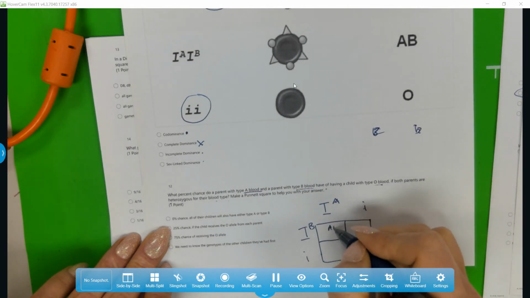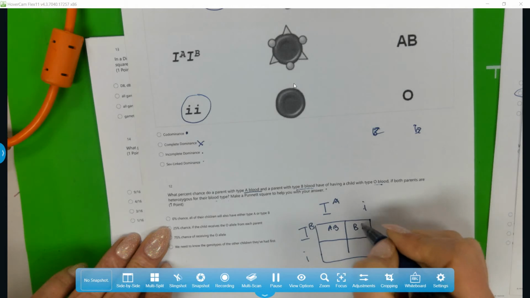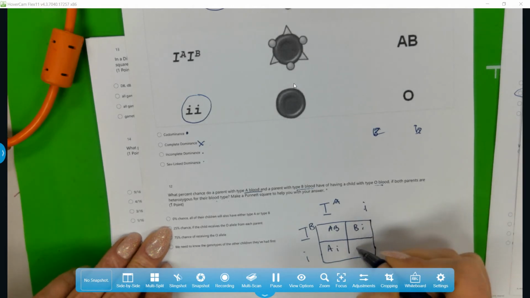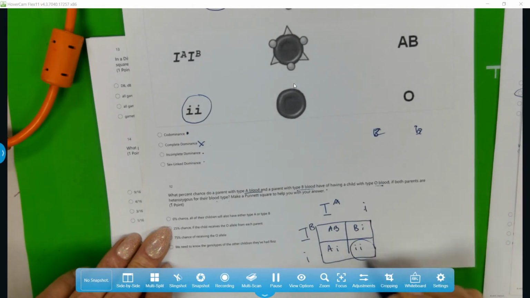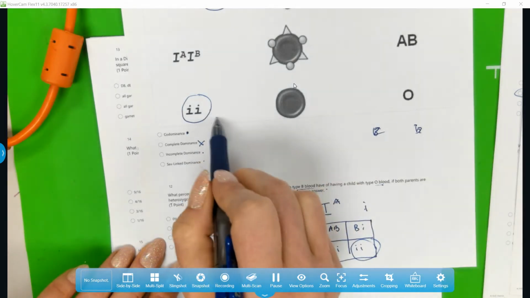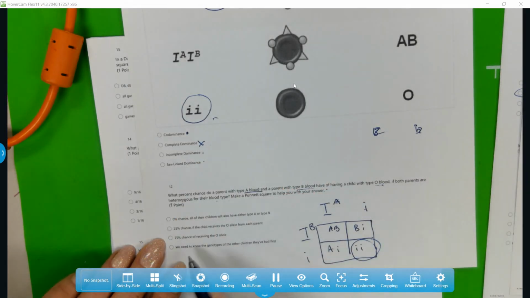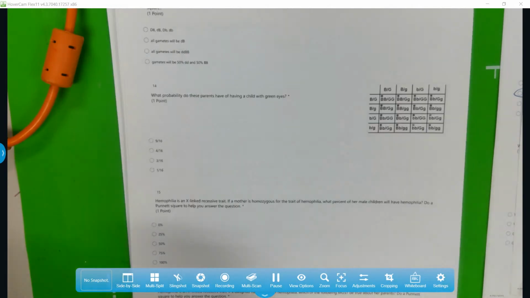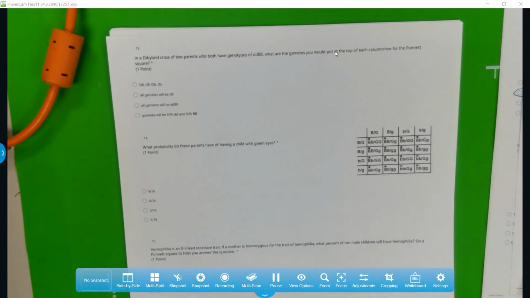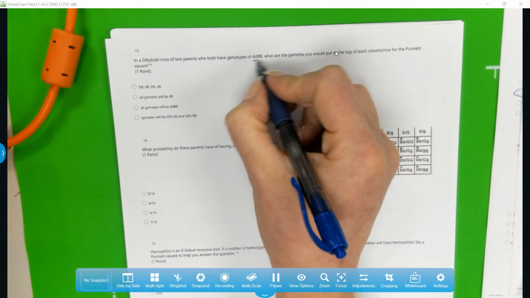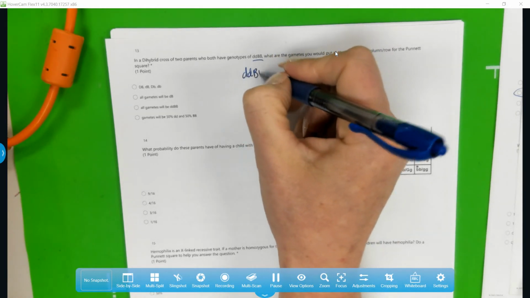So in this square, we're going to end up with AB, BI, AI, II. So 1 out of the 4 squares is going to give you the genotype for O blood, which is a 25% chance.